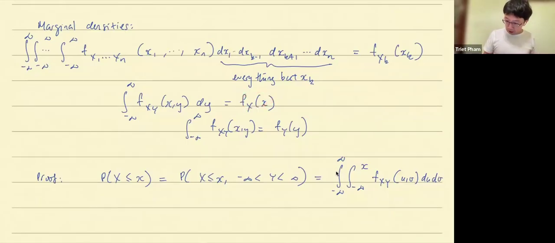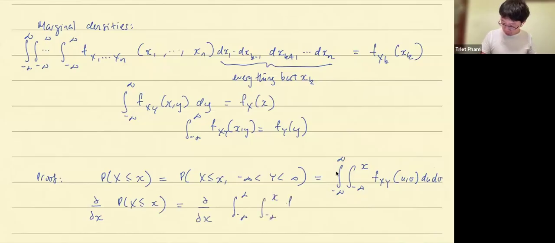So if I differentiate with respect to X, that means I have to differentiate with respect to X of this multiple integral. But here, there are two ways you can think about it.